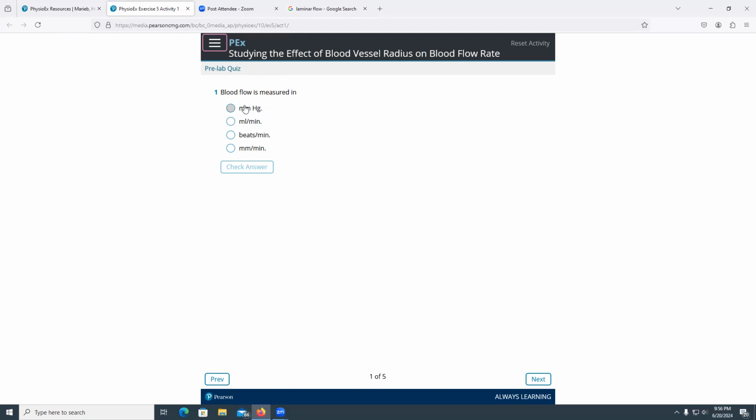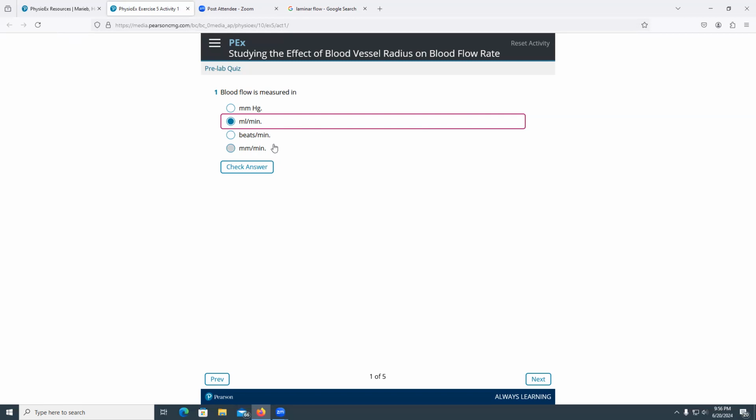That's definitely not flow. Flow is rate. So I'm looking at something per minute, how much blood is flowing per minute. So that looks like the right answer, where I have milliliters of blood flowing per how many minutes.